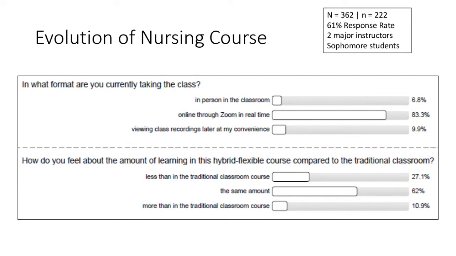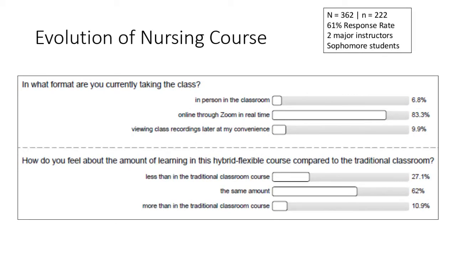We also asked, well, how do you feel about the amount of learning in this course compared to the traditional classroom course? Now, these are sophomore students, and they have not yet developed that self-direction, self-regulation, self-efficacy in the learning process.